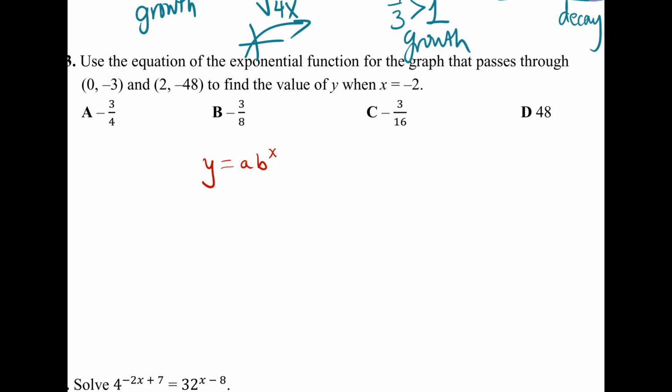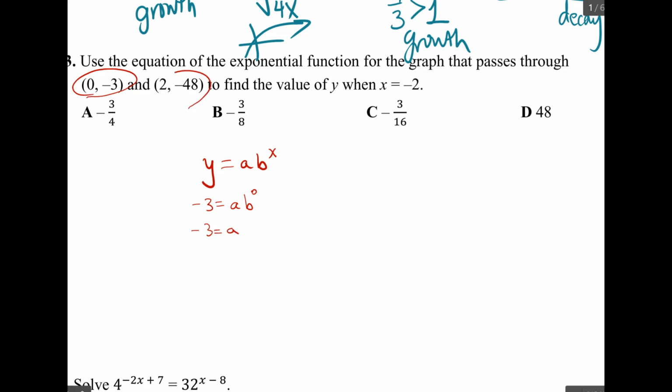So I know my initial value when x equals 0. All right, Zach, put away your phone. Trying to be sneaky. I see you. What's my initial value? When x equals 0, y equals -3. So -3 equals a times b to the 0. What's b to the 0 equal to? 1. So a is -3.